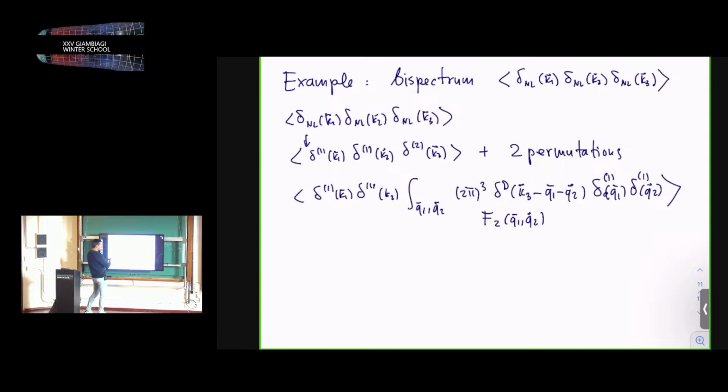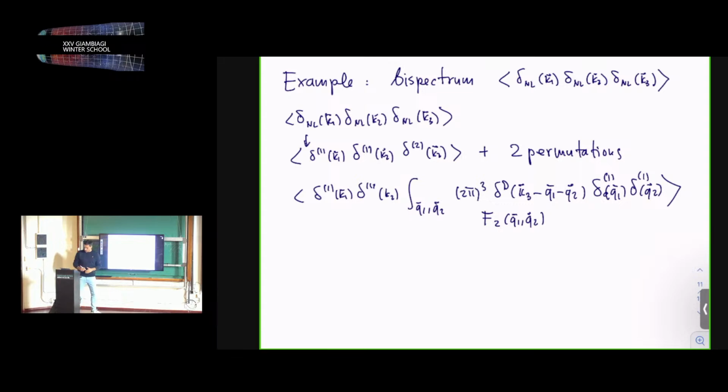So you remember that when you have a Gaussian field like that, you just have to consider all possible Wick contractions. And in this case, there are three possible Wick contractions. For example, you can contract these two fields. But then this is bad, because if you want to consider a momentum configuration where k1 and k2 are different, this is going to vanish. So we are not going to include that one.